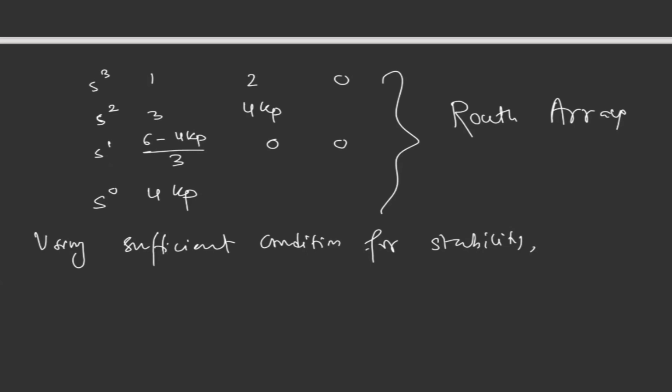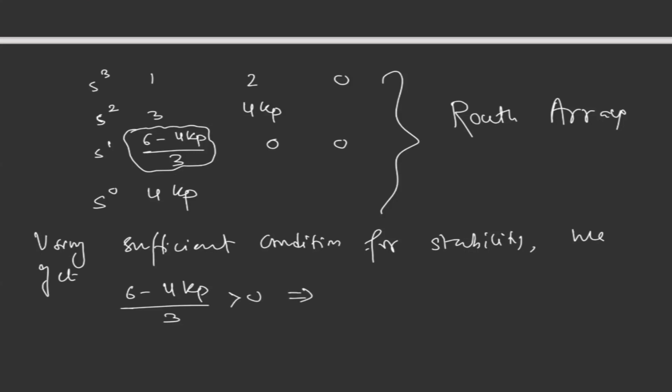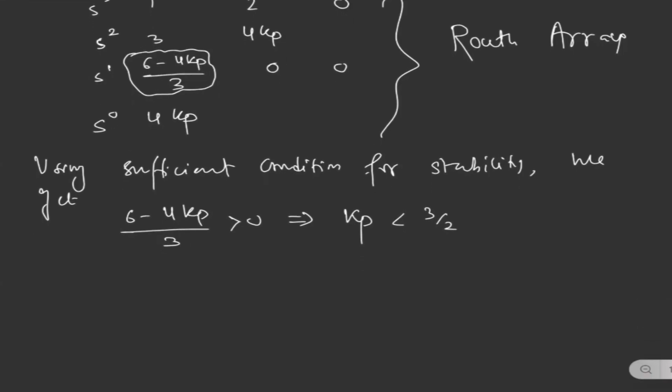For that, this expression should be greater than 0. We get 6 minus 4 kp divided by 3 should be greater than 0. From this, we can find the value of kp should be less than 3 by 2.